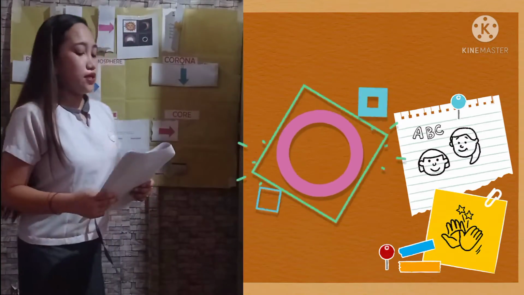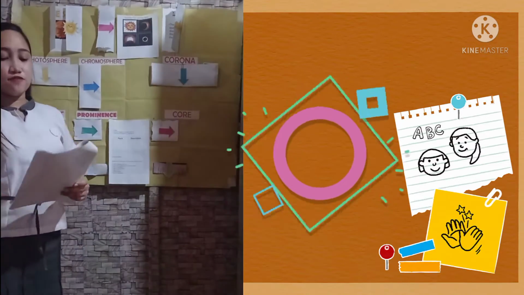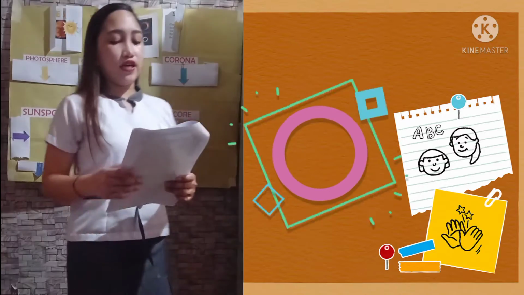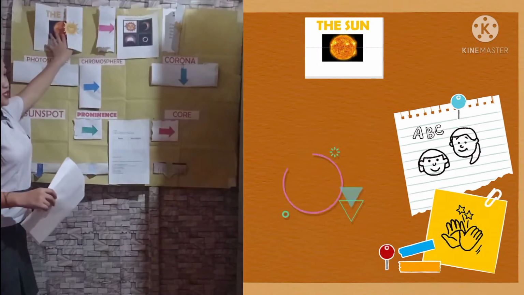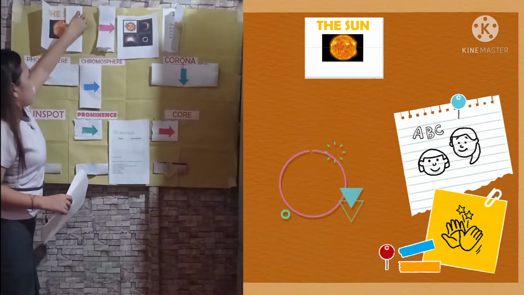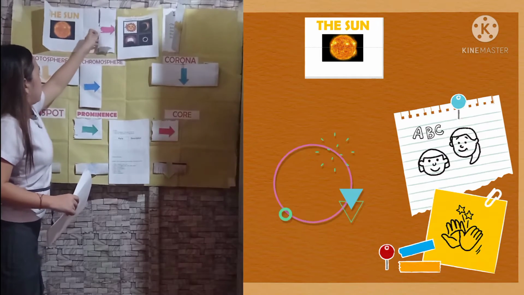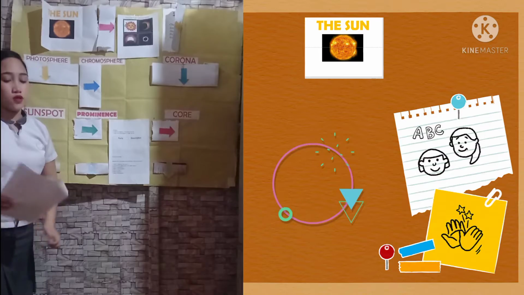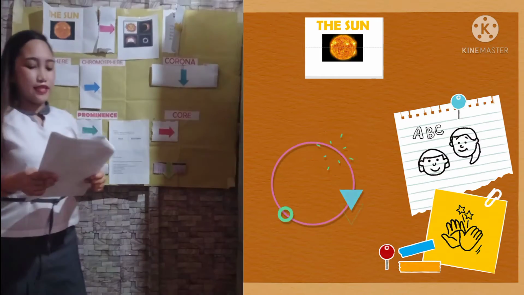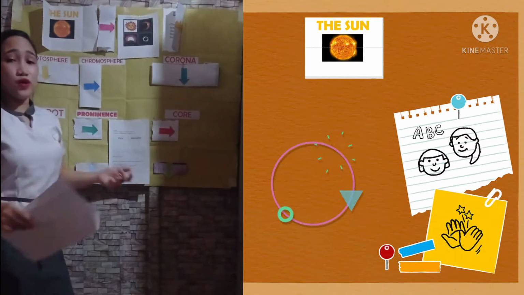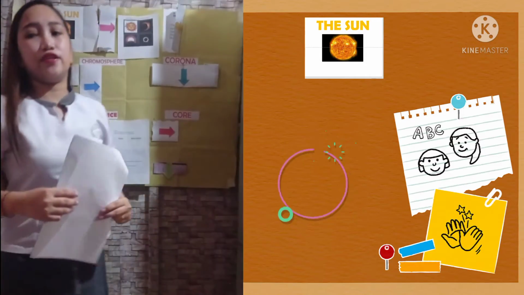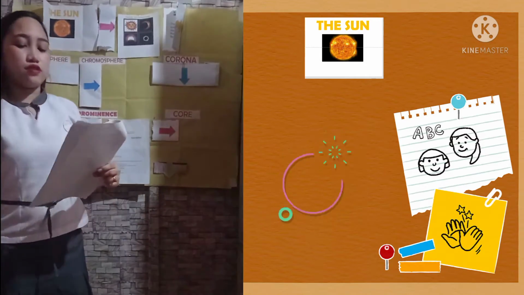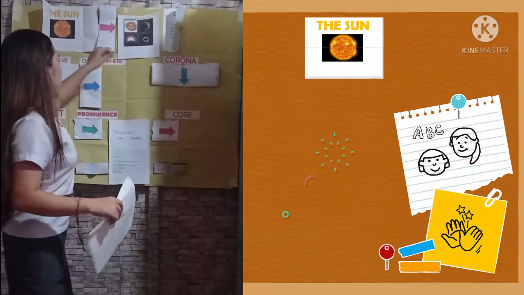Are you done, students? Okay, let us proceed to our lesson for today. I have a question. What is the meaning of the sun? Okay, do you have an idea? Who will answer? Yes, Nicole. Okay. Very good. Thank you for your answer. Yes.